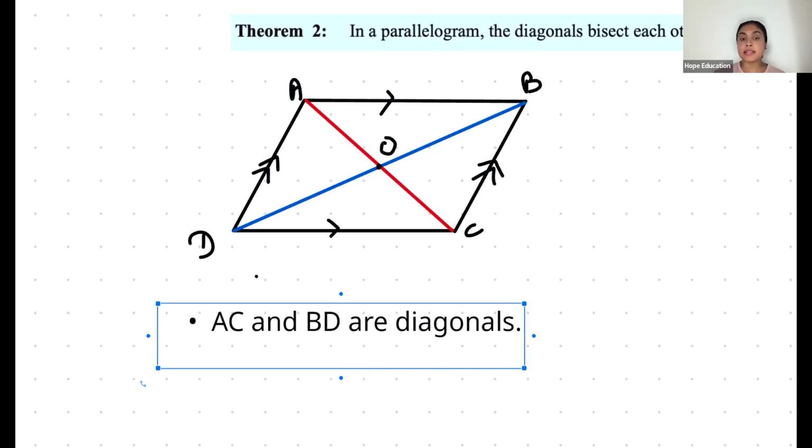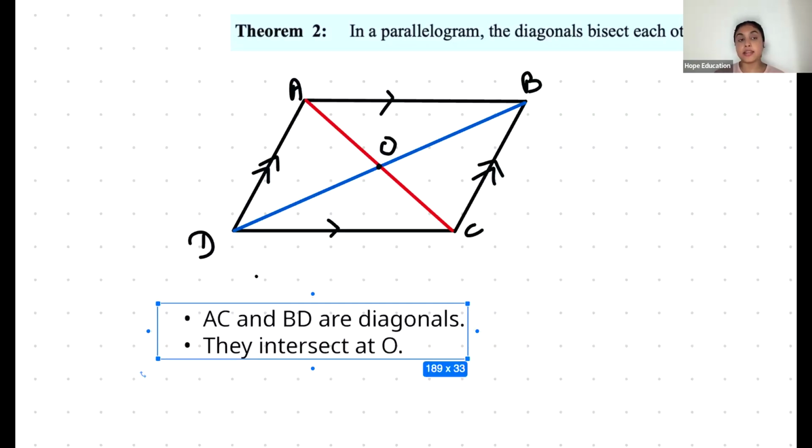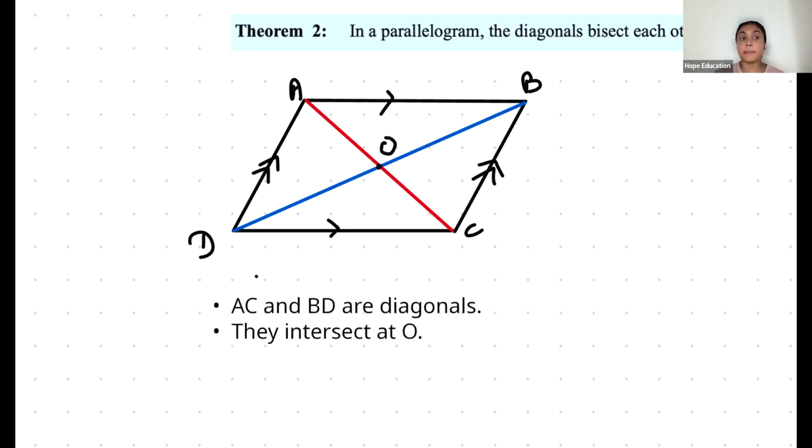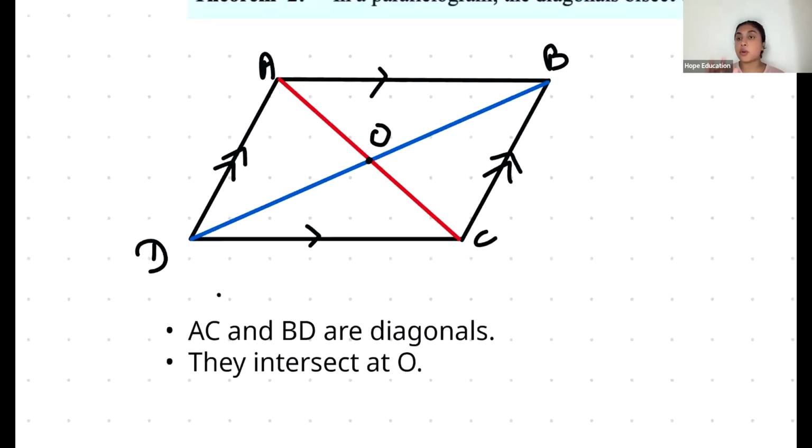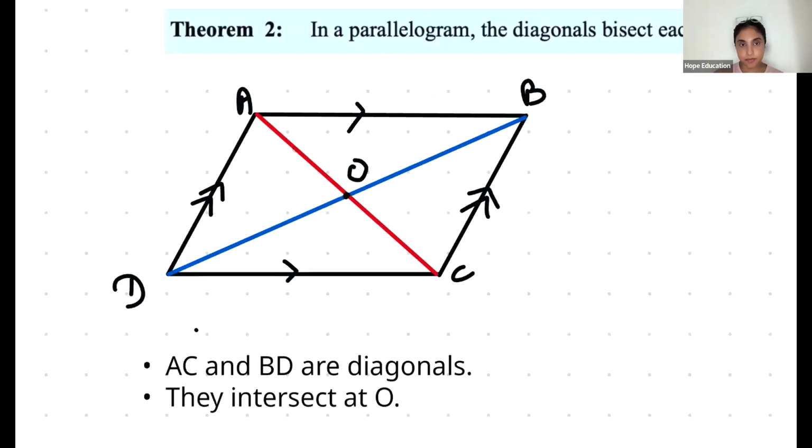They bisect each other means, as I said, they are being divided into two equal parts. AO part is equal to OC part, right?